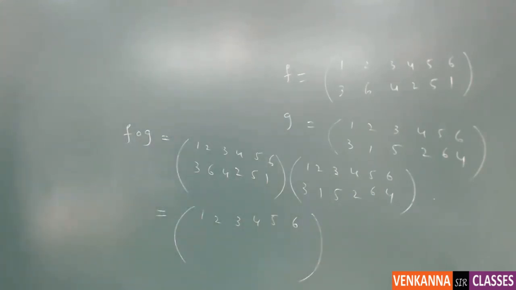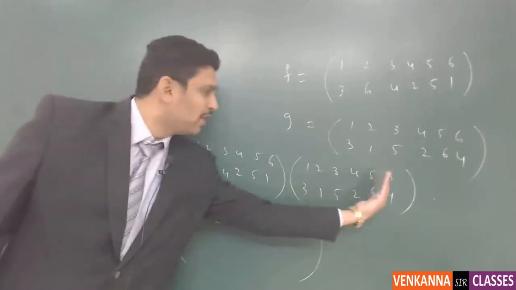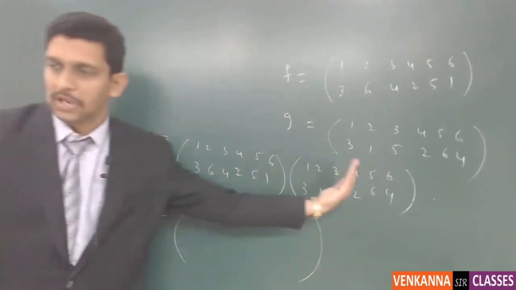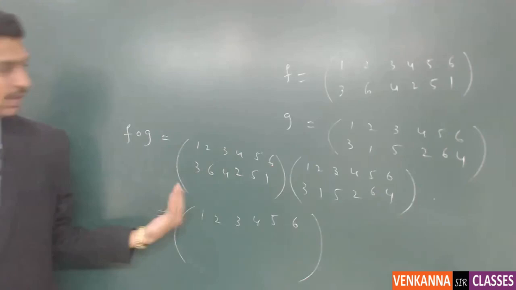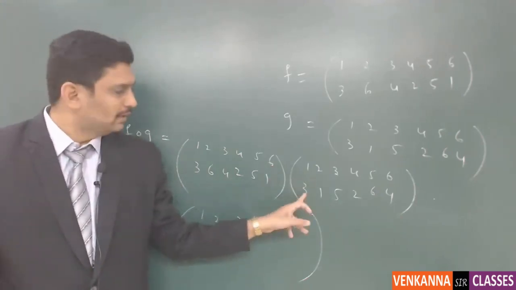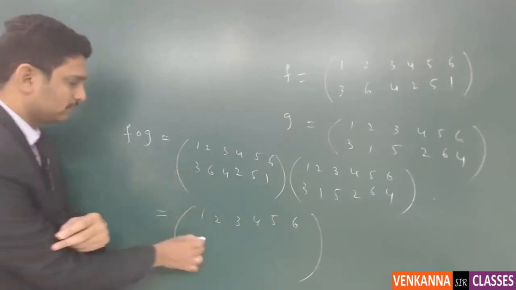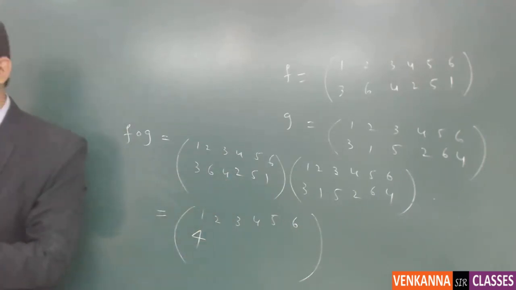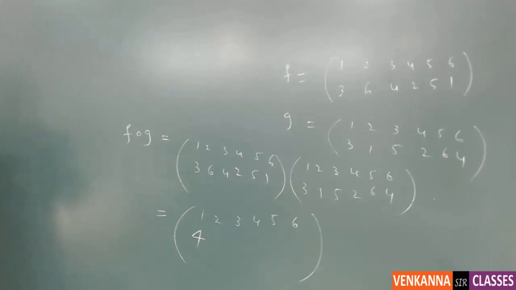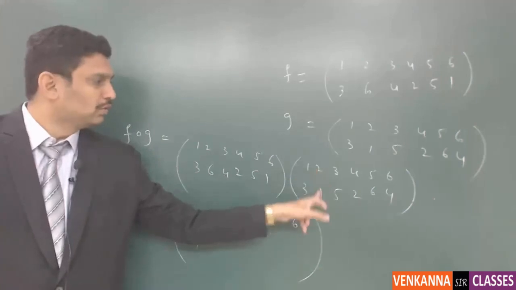While calculating this, you have to follow like this. What is the image of 1? 3. What is the image of 3? 4. So for 1, I need to take 4. Did you get it? Again, for 2, it is 1.